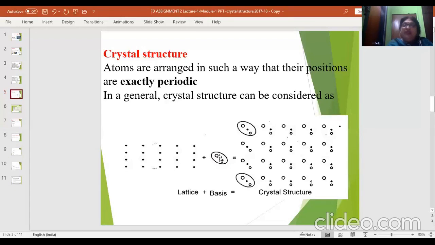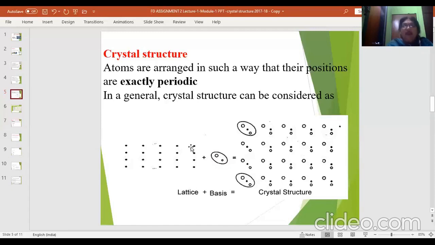It can be an atom, that is, if it is a monoatomic crystal, if you take a single element crystal, that is sodium, then sodium will be sitting at each lattice point. But if it is a diatomic crystal, that is NaCl, in molecular form, then NaCl, NaCl, NaCl. So what type of element is sitting over here?